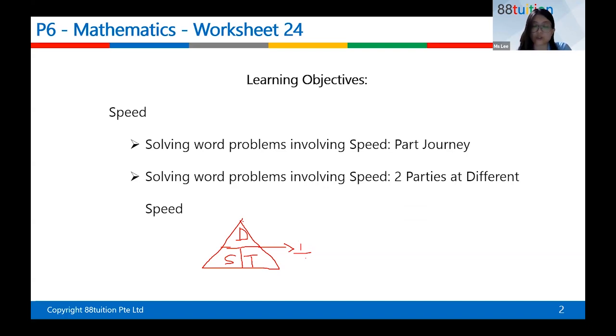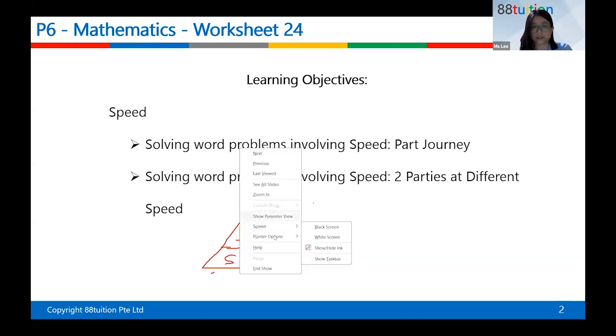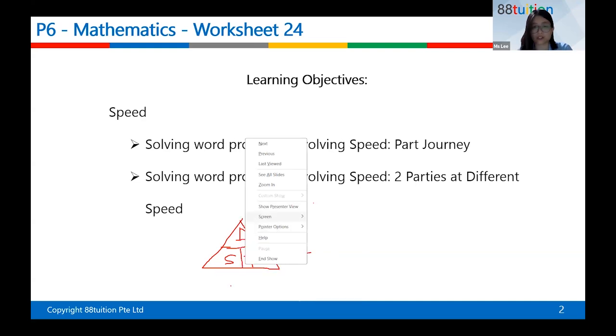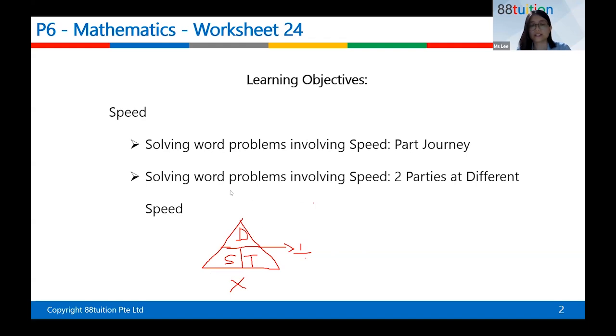You see that this is like your numerator, and then speed is your denominator. The line between them is actually a multiplication sign. It's a multiplication.